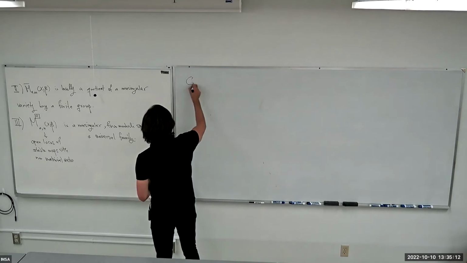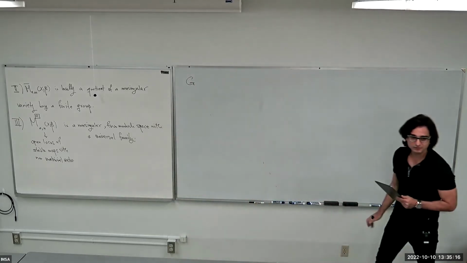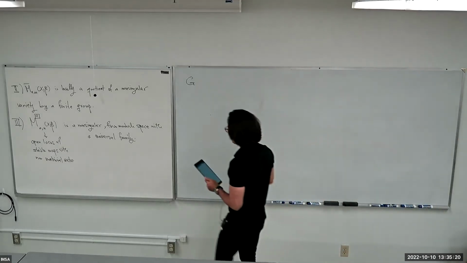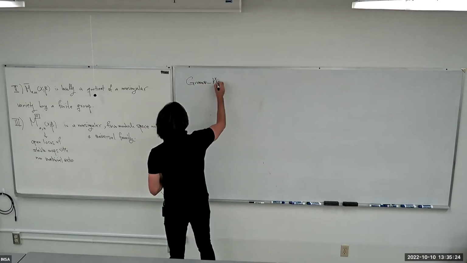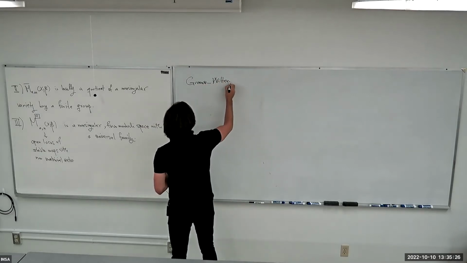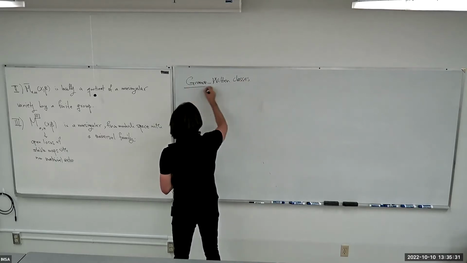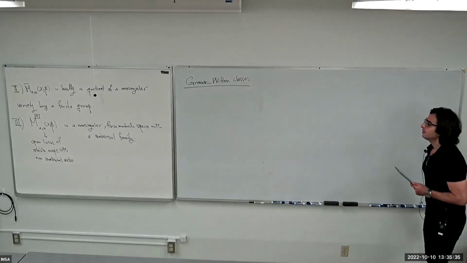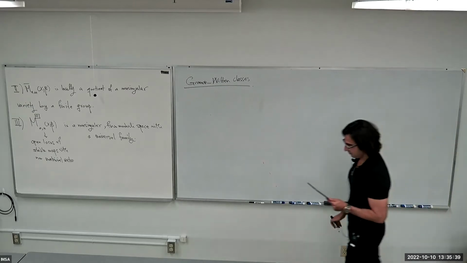So we would like to consider more exciting cases of stable maps. So let us talk about Gromov-Witten classes. The diagram that you would like to have in mind is the following.